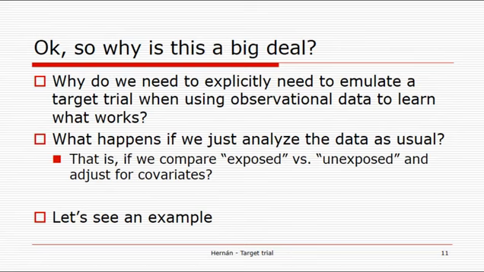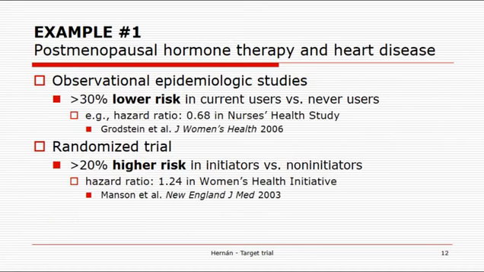So I'm going to give you an example of why it's important to go through step 1 and step 2, as opposed to jumping into step 2 and analyzing data without knowing what the causal question is. And this example that I'm going to give you is very well known in the medical world. It is the example of hormone therapy for post-menopausal women and risk of heart disease.